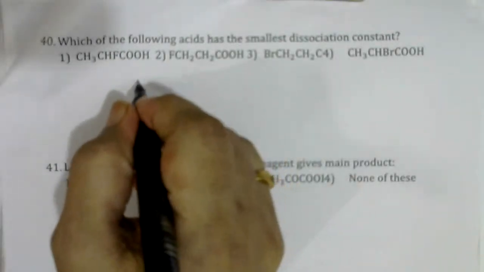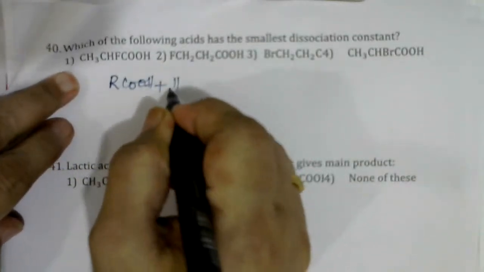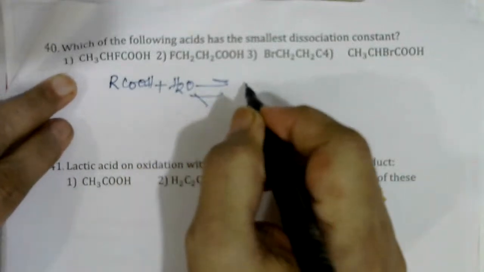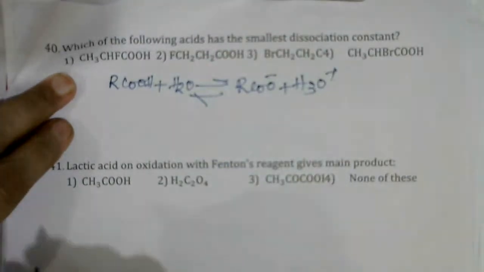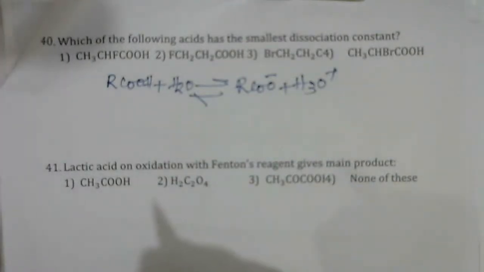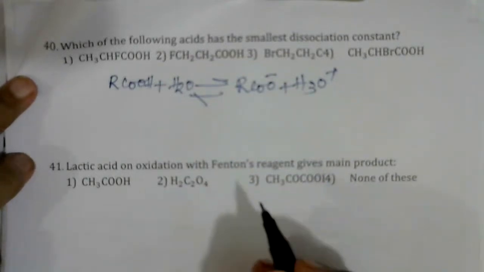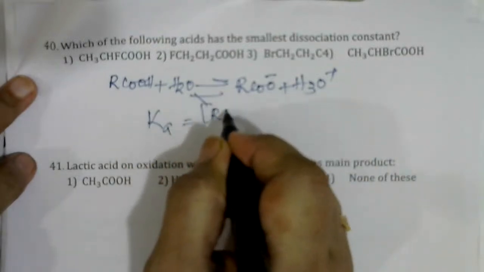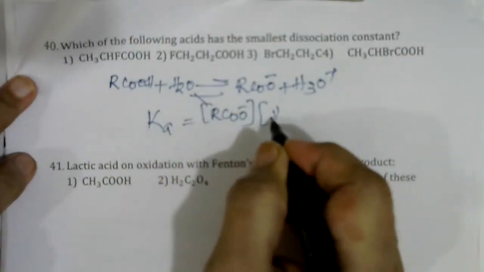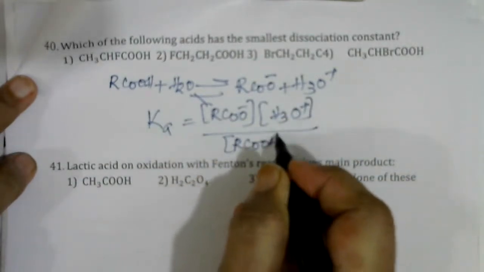Remember here, whenever the acid RCOOH in aqueous medium attains equilibrium with carboxylate ion, Ka will be RCOO minus times H3O plus divided by RCOOH.